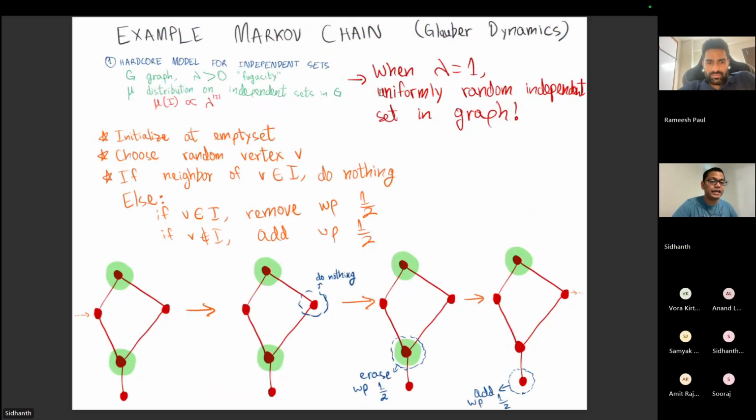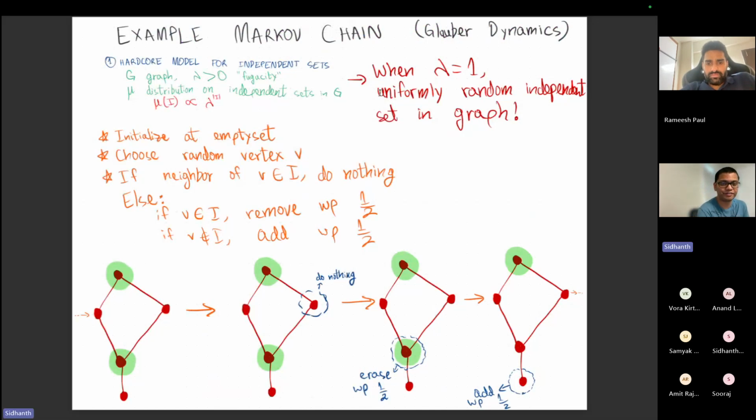And now each iteration of the Markov chain is the following. You choose a random vertex, v. Now, if there is a neighbor of v in the independent set that you have so far, then there's no chance v can be in the independent set. So you don't do anything. You just say, okay, nothing happened.